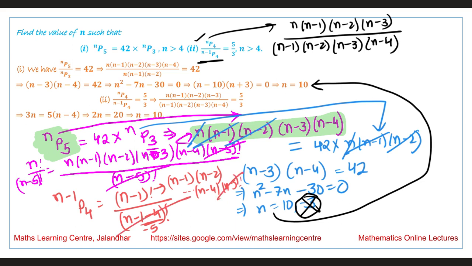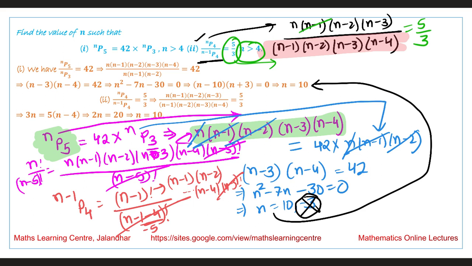These two terms get cancelled and we are left with n minus 1, n minus 2, n minus 3, n minus 4, and this is given to be equal to 5 by 3, and the condition on n is that it is greater than 4.